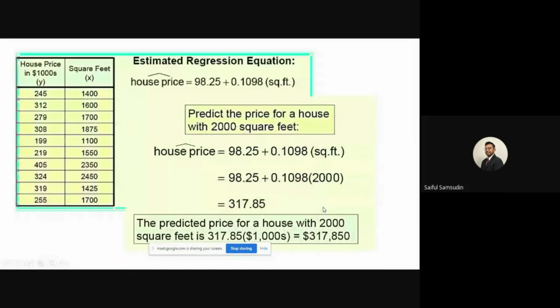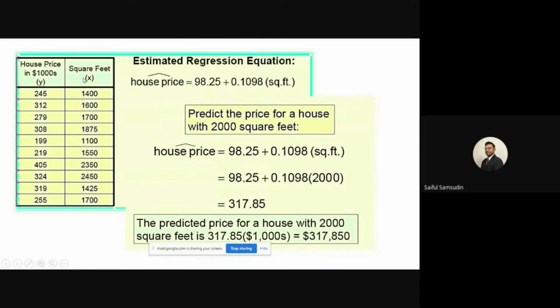Okay, we get back to our data. The estimated regression equation, as we already know from our output before, is house price equals 98.25 plus 0.1098 times square feet. So how do we predict the price for a house with 2,000 square feet?